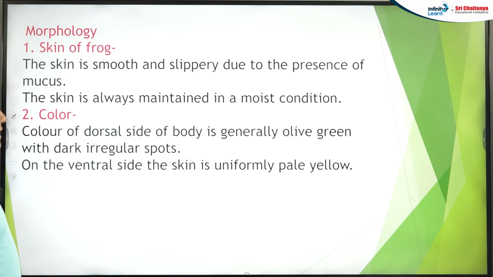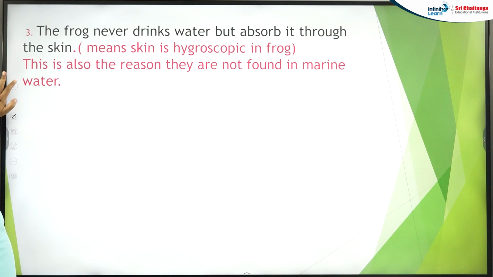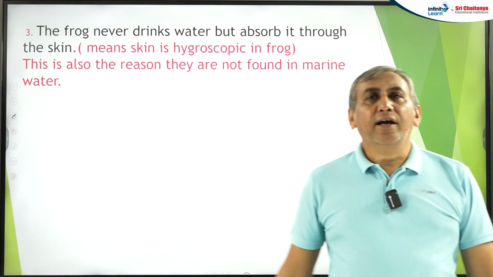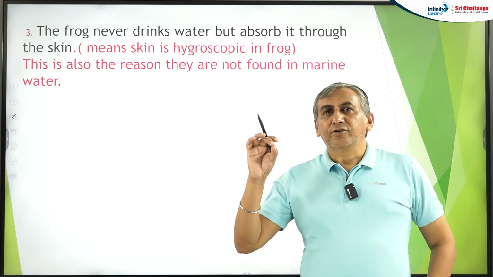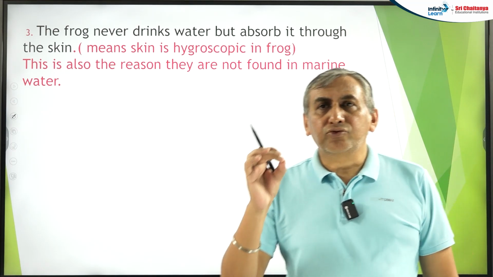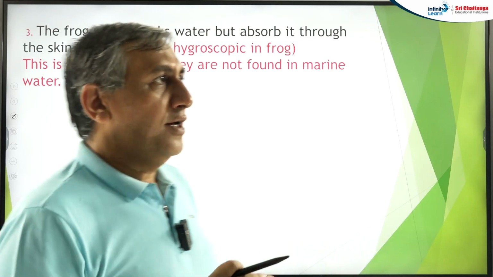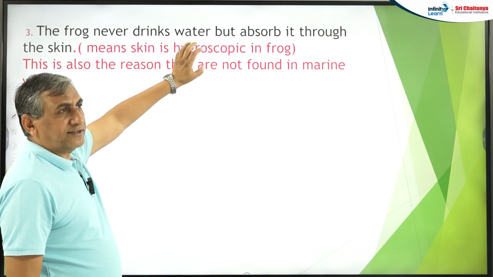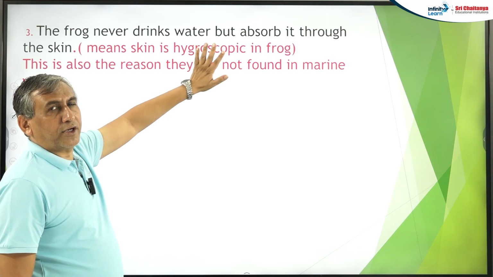Now coming to the next phenomenon, which is very important: frog never drinks water. Very interesting. Then how is it surviving? It survives because it absorbs water through its skin. It means frog skin is hygroscopic. That is the reason it is not found in marine water.